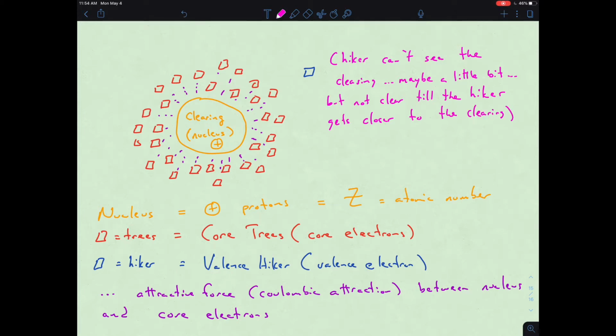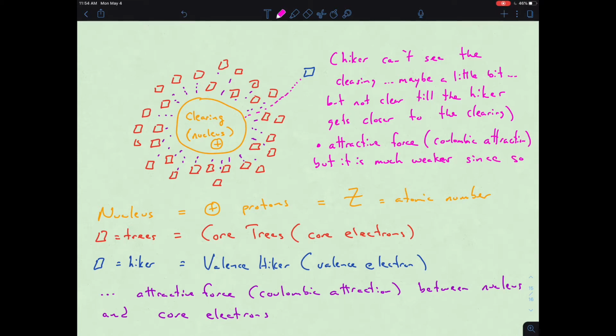So we have an attractive force out here. It's a Coulombic attraction, but it is much weaker since there's so many electrons, or trees, that are in between.